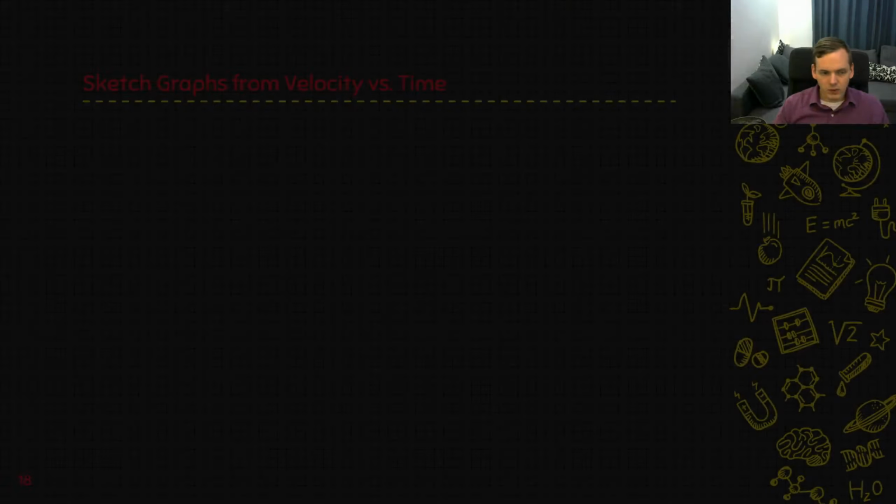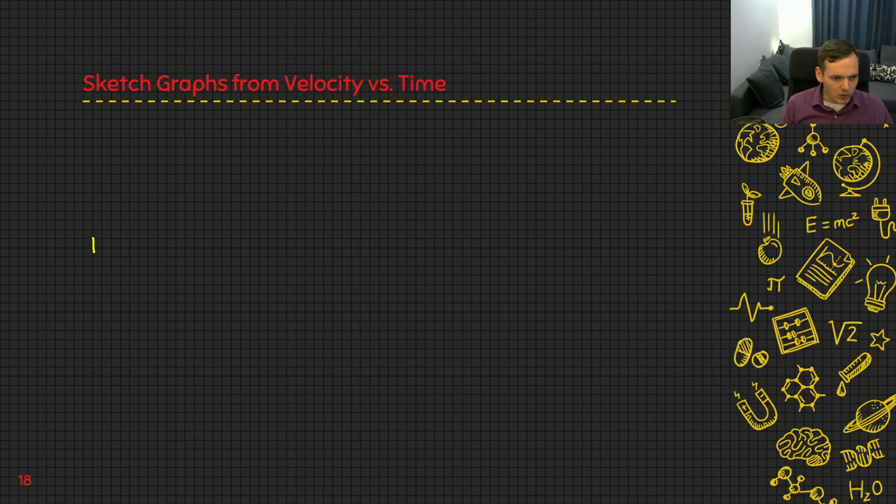If we have a velocity versus time graph, let's start in the middle and work our way outwards. So I'm going to start like this with a velocity versus time, and I've got to be a little careful with this. So let's go say 2, and then we will go back down to here, over, and up.